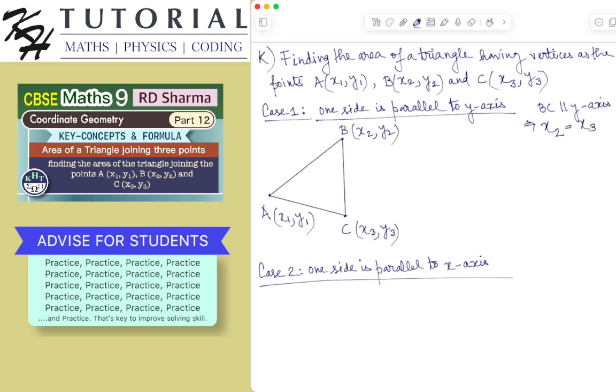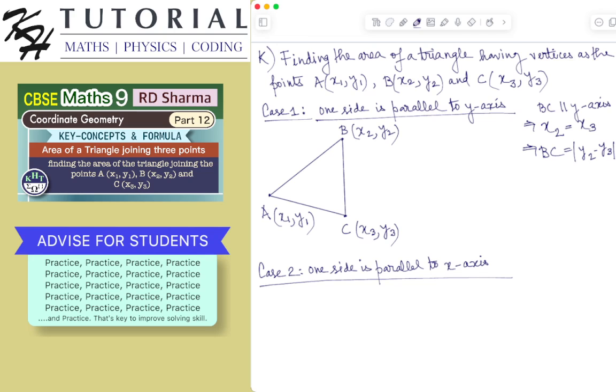For a line segment parallel to the y-axis, its length BC will be the absolute value of the difference of the ordinates of the points B and C. So the length of the side BC is the absolute value of y2 minus y3.